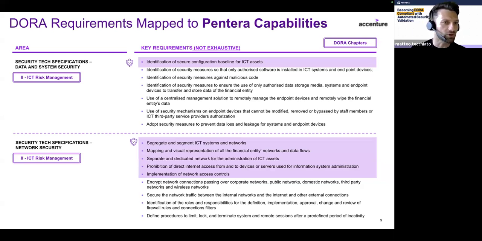The second part is more specific to the network. I think DORA is going to ask for a very common network security best practice: to segregate the network, to give, for example, the administration network just the connectivity to your environment, not to the internet, and stuff like that.